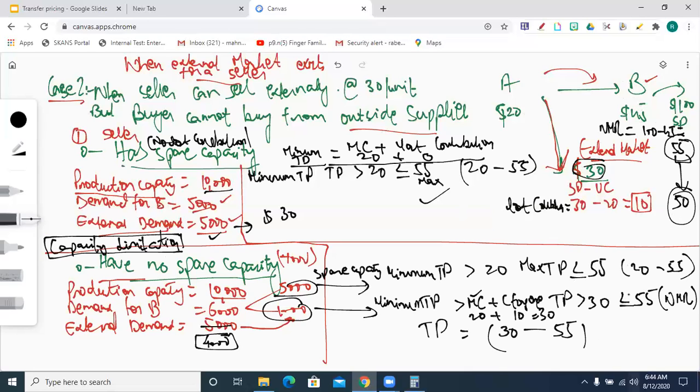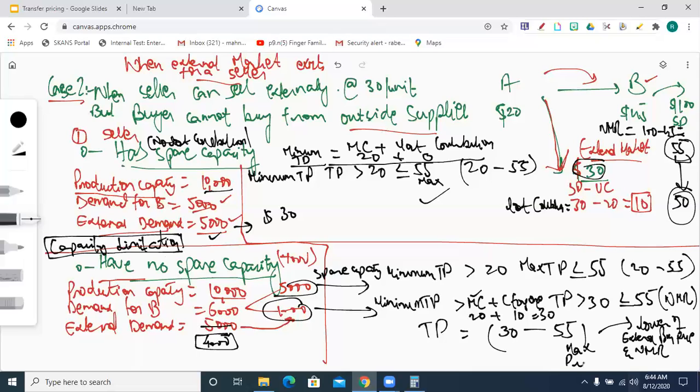So here the rule for the maximum would be the lower of external buying price and net marginal revenue.